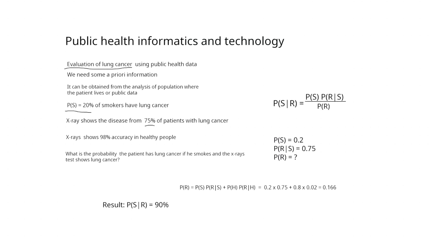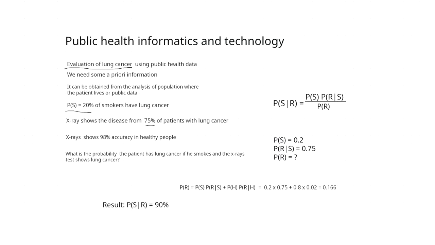What also comes from medical clinical data is that if you take healthy people, then the accuracy will be 95%, 98, 90, sometimes close to 99. So it's quite accurate.